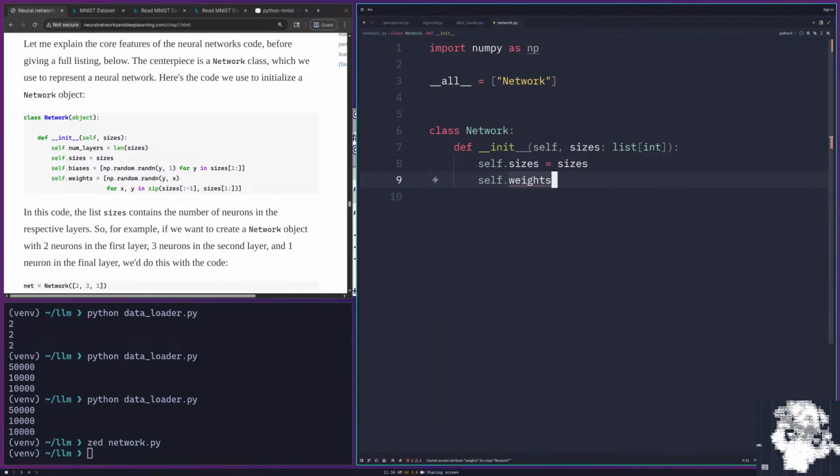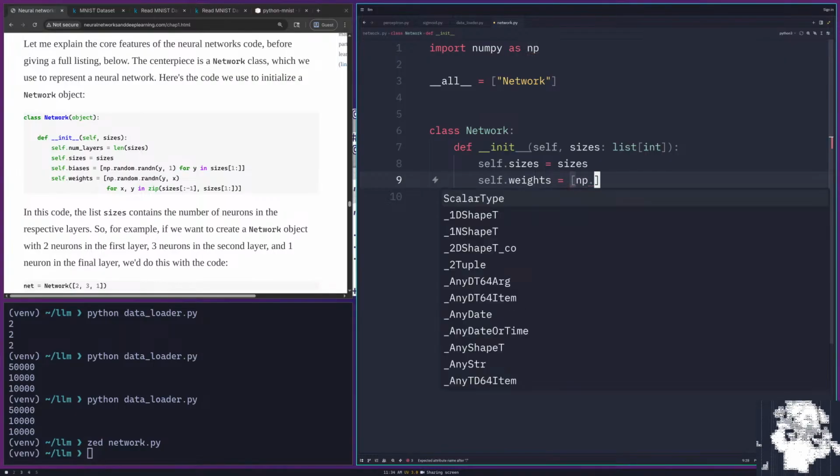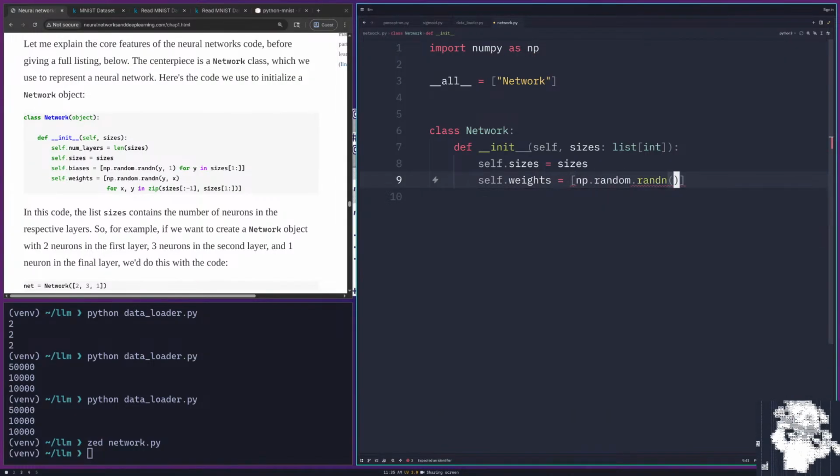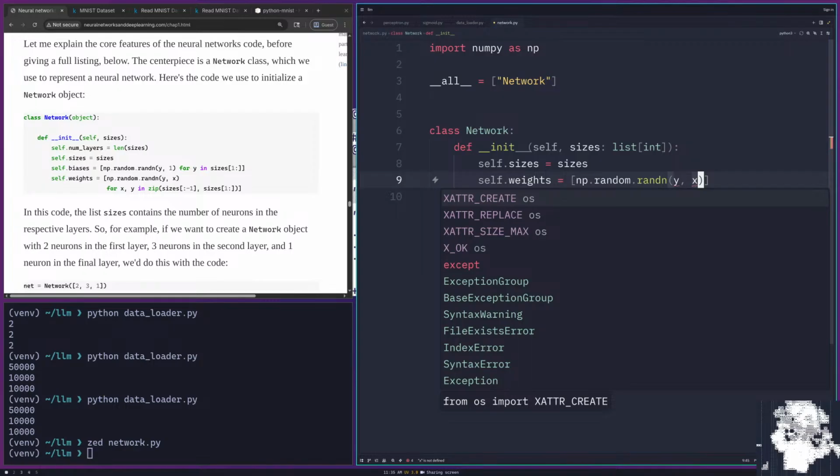Self.weights equals np.random.randn between, what is this saying? It's not between y and x.